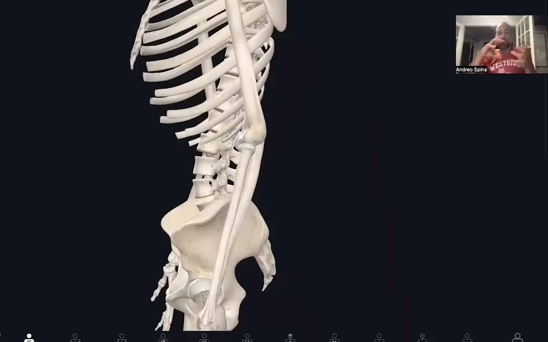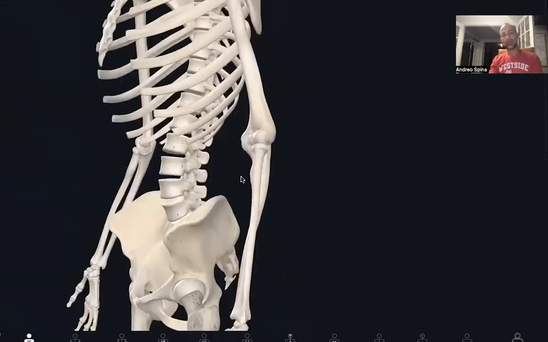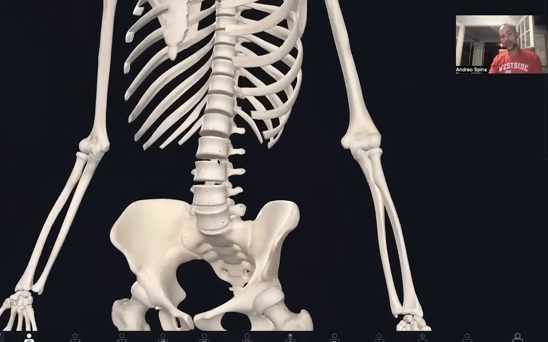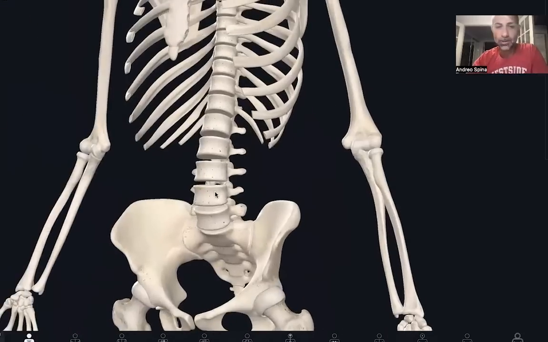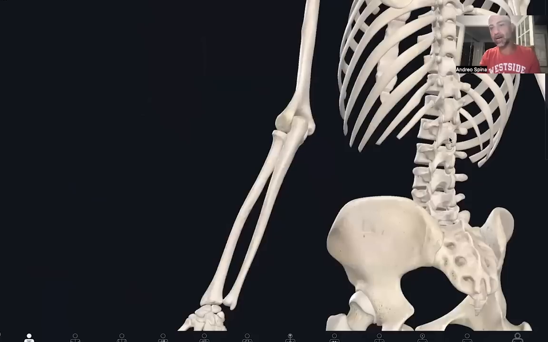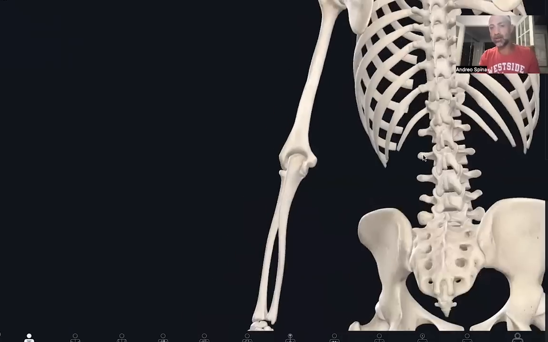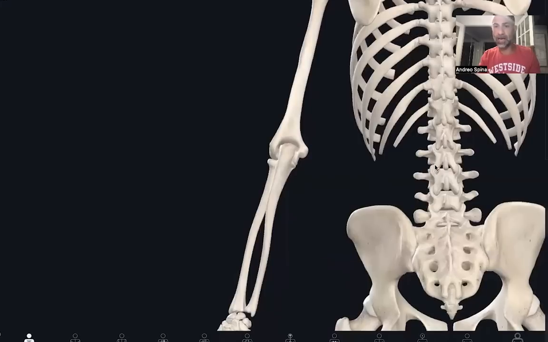So when the spine moves, oftentimes we're led to believe, often by therapists who are saying, for example, I'm palpating that your L4 is out of alignment with your L5, or your L3 is out of alignment with your L4.